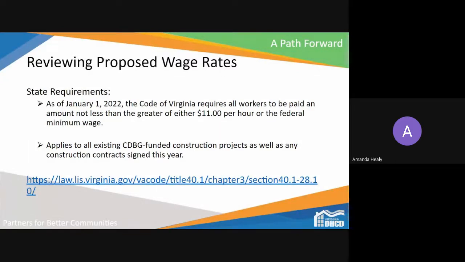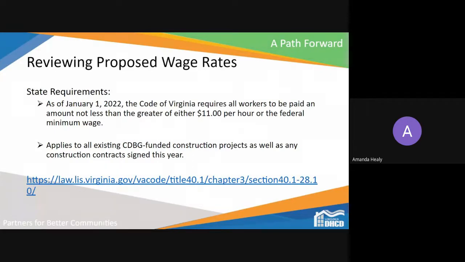So I know that the first week in January, I was sending out a reminder to all of my grant managers who had an existing construction contract that they needed to make sure that their contractors remembered that the minimum state rate had gone up, and that they were going to be starting to pay the higher wage rate if need be.